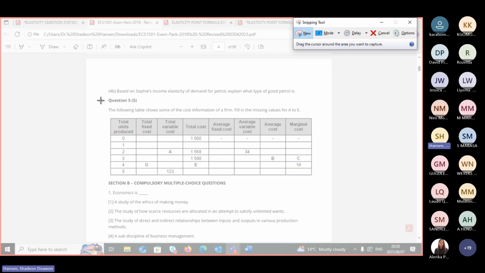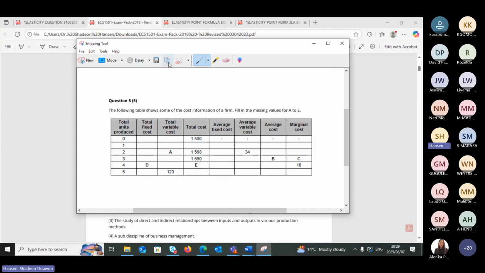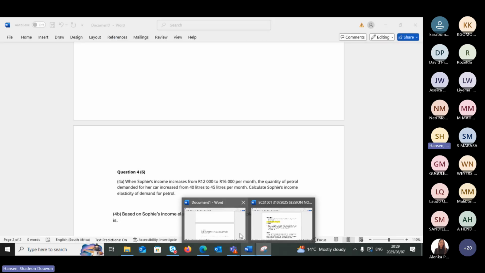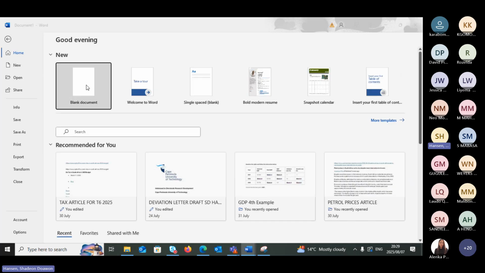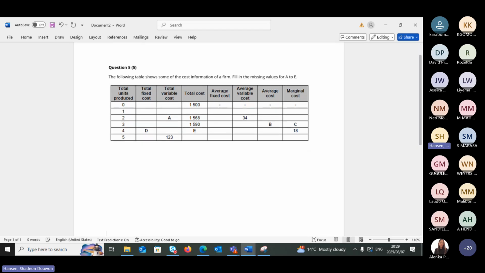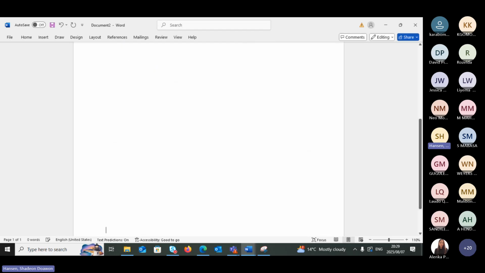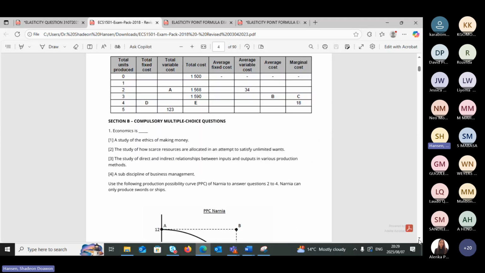We're going to do this together. Let me open up another Word document, and that is a cost table over there. We're going to use that space for all the calculations, and we are going to go further.